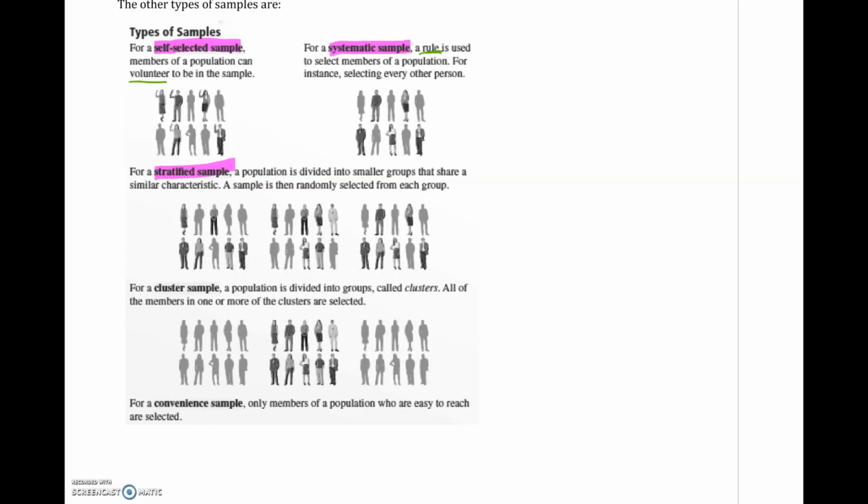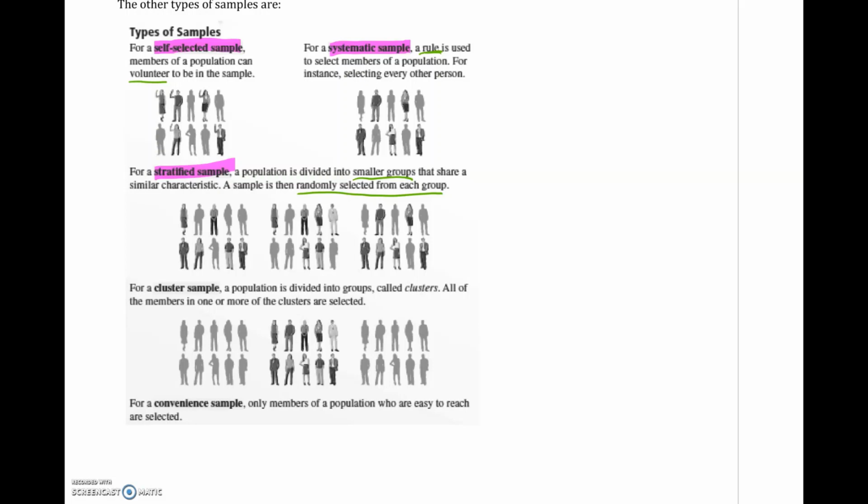So again, here you're making smaller groups, and then you're going to collect a randomly selected number of people from each group. So it's not completely random since you did cluster the population into smaller buckets, but then you're randomly choosing amongst those buckets. So that's an interesting type of sample.